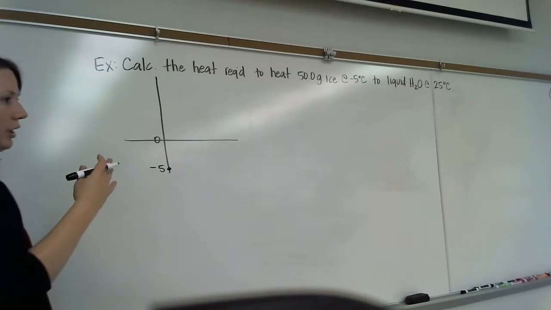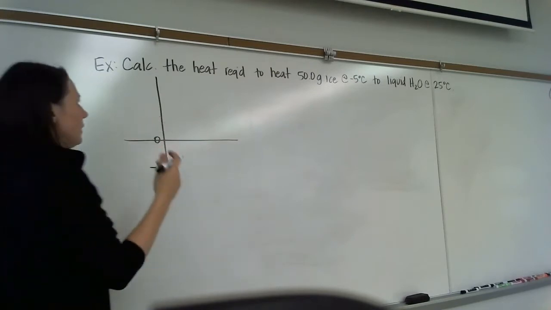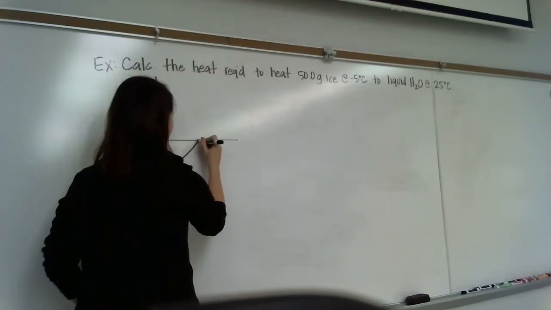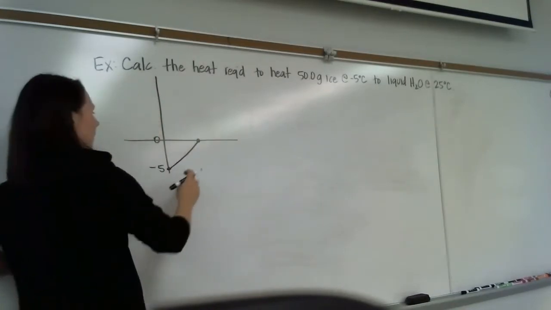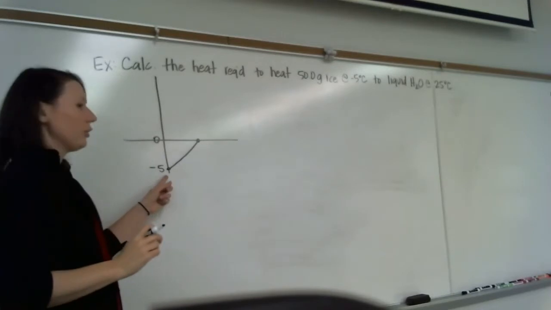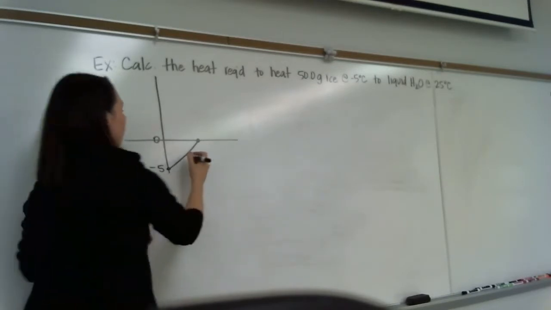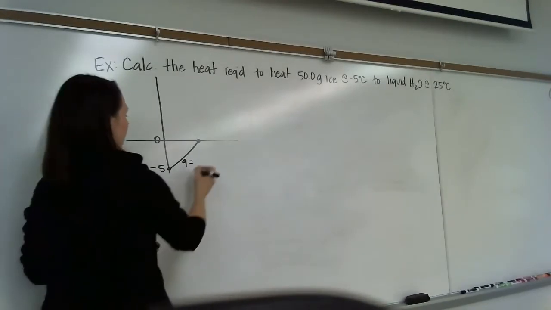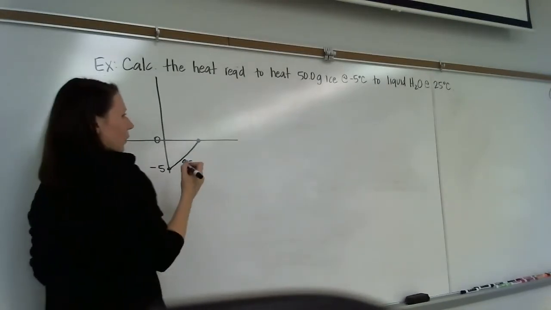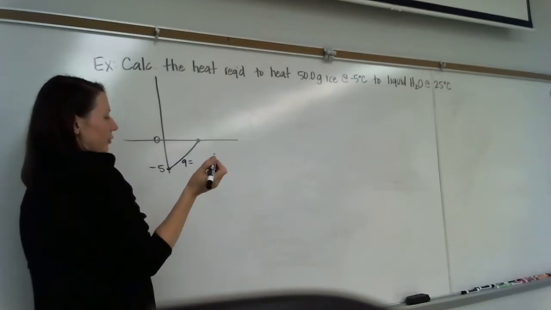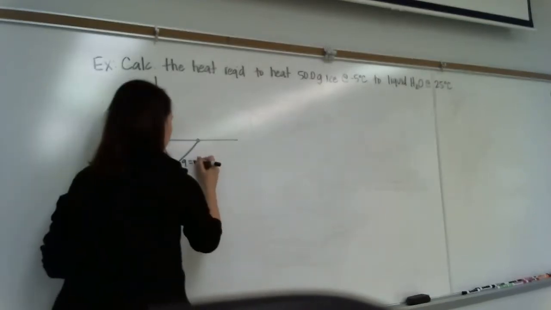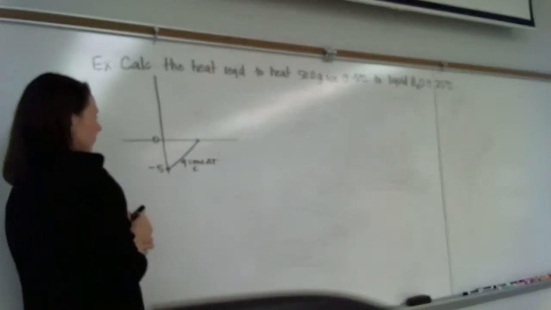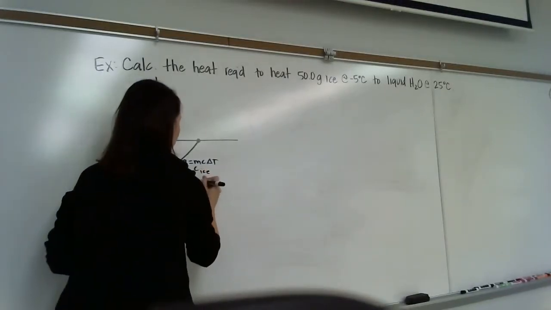As time marches on, the temperature of that chunk of ice is going to increase until I hit this magic number. So what's happening here? We're increasing the temperature of ice, so we're doing Q equals MC delta T. And which C do we need to use? C for ice. So that's calculation number 1.